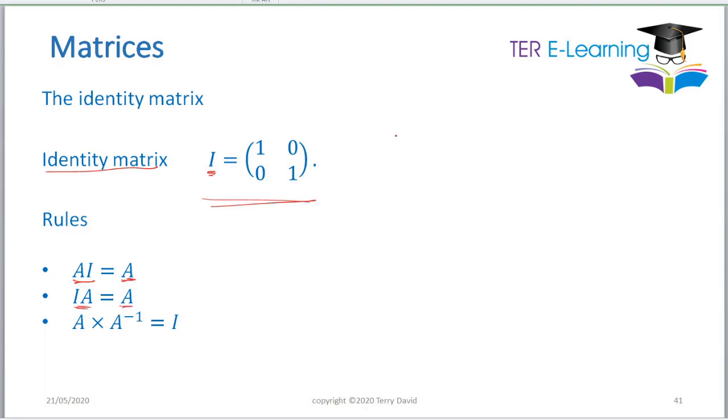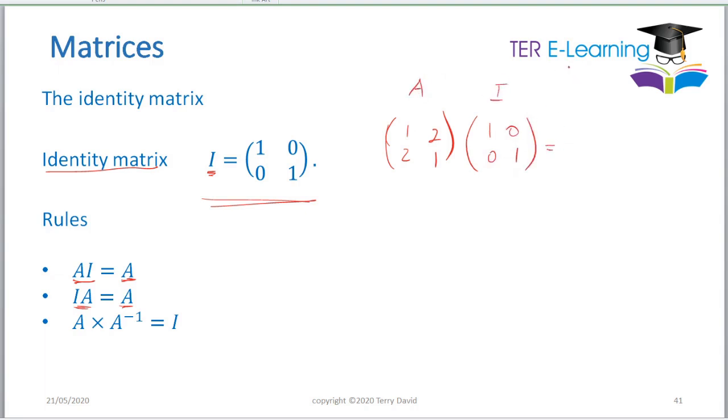Just to give you an example, let's have a matrix 1, 2, 2, 1, right? Let's say we have this matrix here, and I want to multiply this matrix by the identity matrix. The identity matrix is 1, 0, 0, 1, right? So let's call this matrix A, and let's call this the identity matrix.